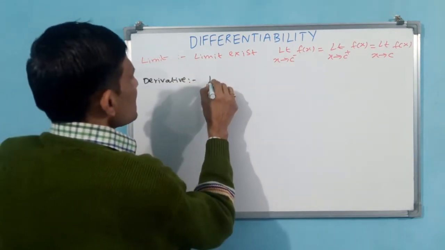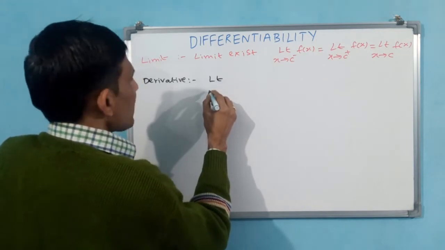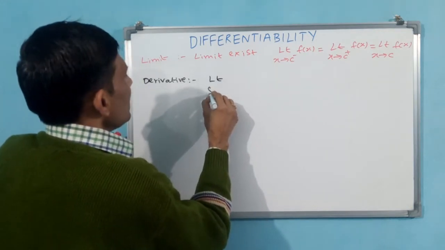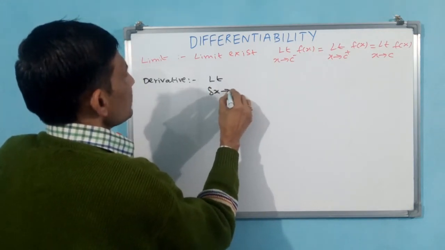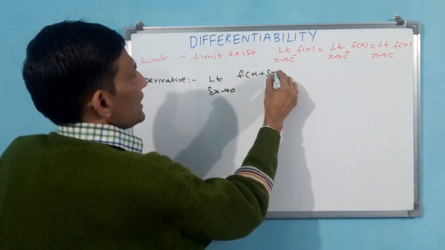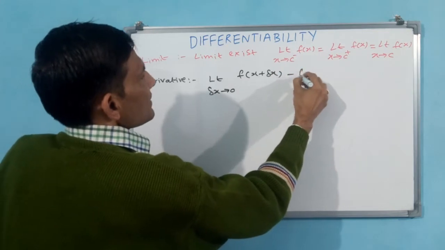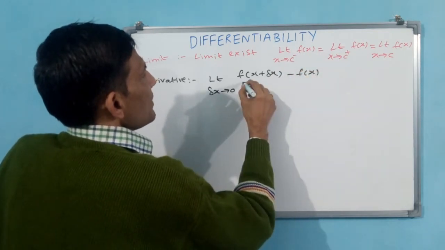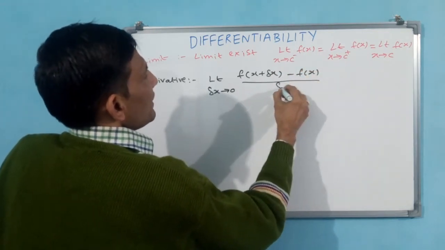Derivative, how we have seen it. Let me first write the formula, then again I will explain to you. Limit delta x tends to 0, f of x plus delta x minus f of x divided by delta x.